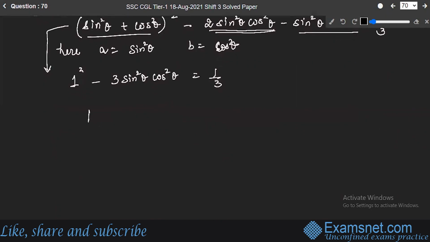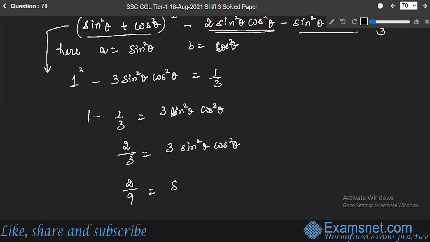Now this will be 1 minus 1 by 3 is equal to 3 sine square theta cos square theta. 1 minus 1 by 3 gives you 2 by 3 is equal to 3 sine square theta cos square theta. This will be 2 upon 9 is equal to sine square theta cos square theta.